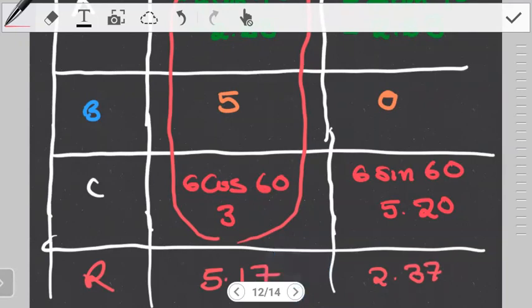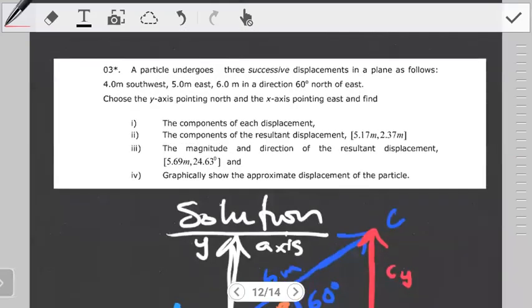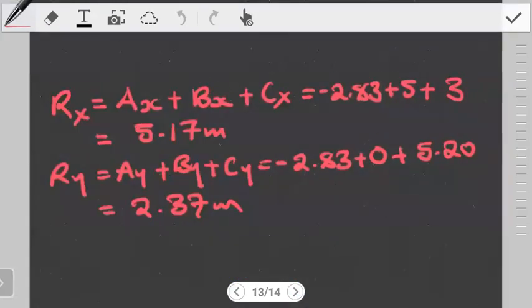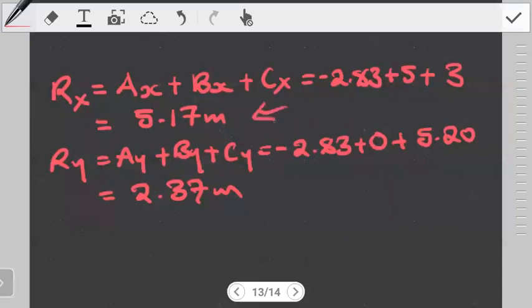Okay, so now we've answered part 1 and part 2. Part 2 was only getting the components of the resultant, which we have now done. Now we can move on to part 3, the magnitude and direction of the resultant. To find the magnitude, we have to combine the components of the resultant using Pythagoras. You will see again why we're using Pythagoras when we make that sketch, the graphical representation in the last part.